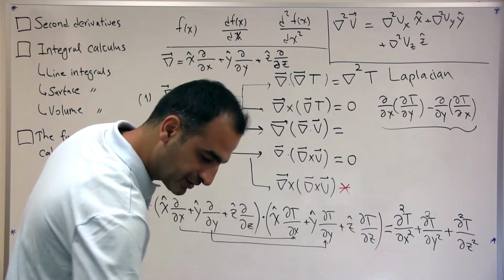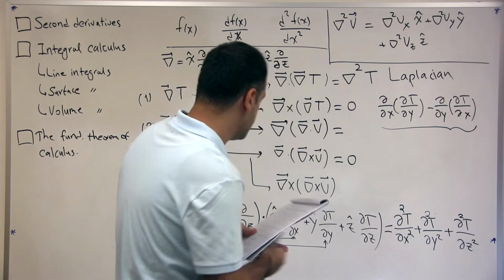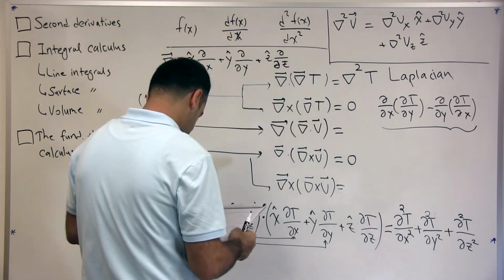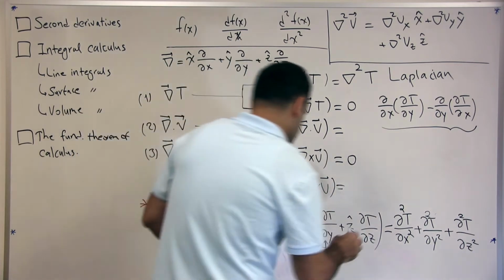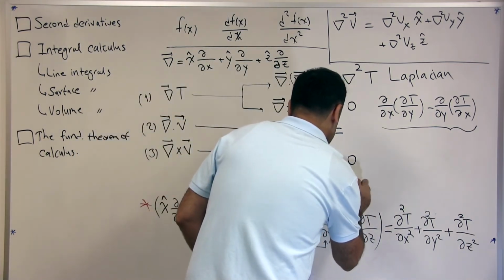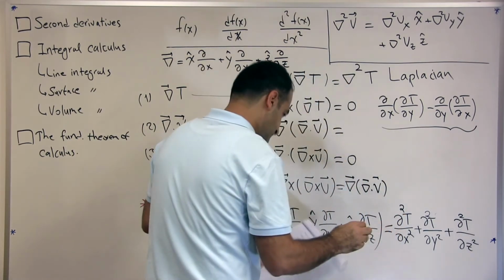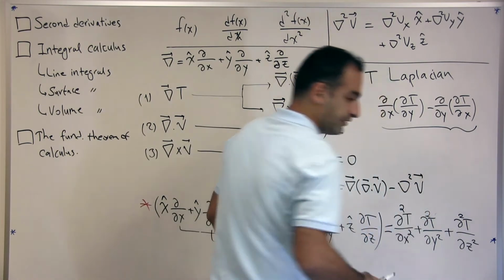You know what, let me just continue here, because I don't want to do the expansion, I just want to write the final answer. And that can be written in terms of the, where is it? Okay, we can write it in terms of the gradient of the divergence minus Laplacian of the vector.